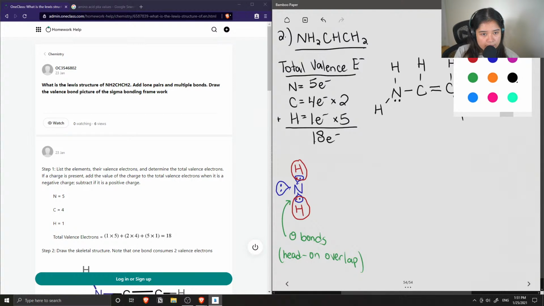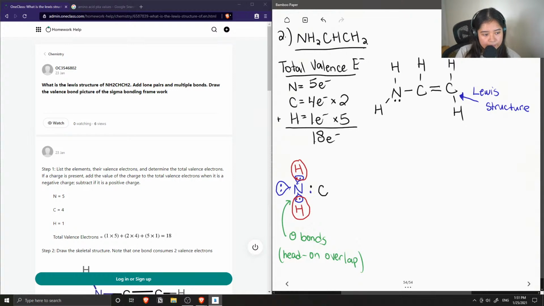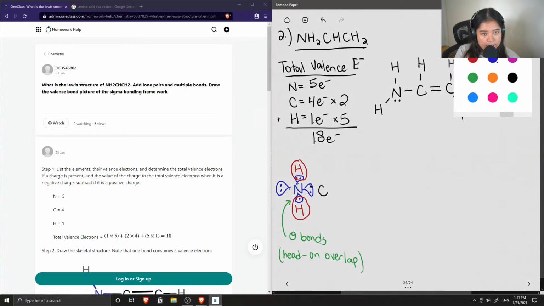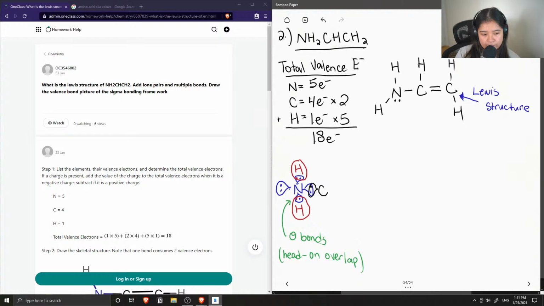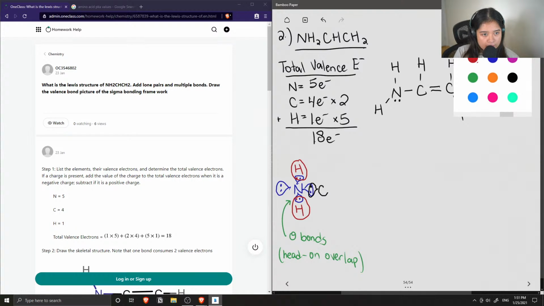Okay, so now let's try to do the same thing with our carbon. So I'll draw the two electrons shown in the middle that are being shared. And you can see another sigma bond is formed between the carbon and the nitrogen. And I can also show my hydrogen up here.